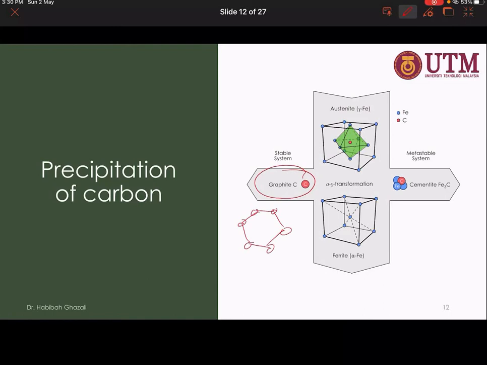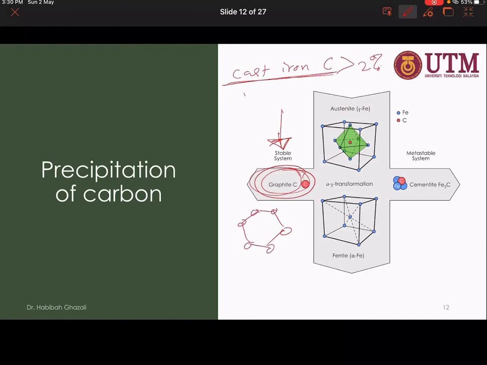Basically, graphite can be observed in cast iron. What is cast iron? Cast iron has a carbon content larger than 2%. So when the concentration of carbon is larger than 2%, then you can see graphite. This guy.